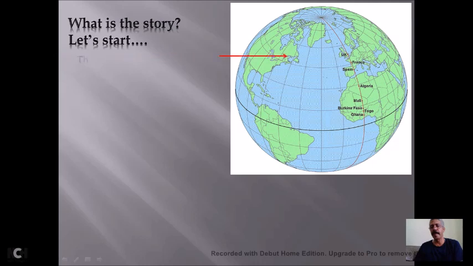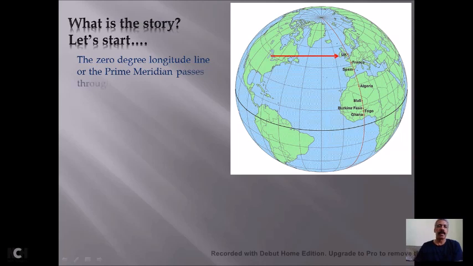Here up, meaning England or United Kingdom, and the same for France, Algeria, Mali. If you go down, it will be Togo, Ghana, and so on. The 0 degree longitude line or the prime meridian passes through Greenwich. This red line is Greenwich Mean Time. Okay, it's according to the UK.